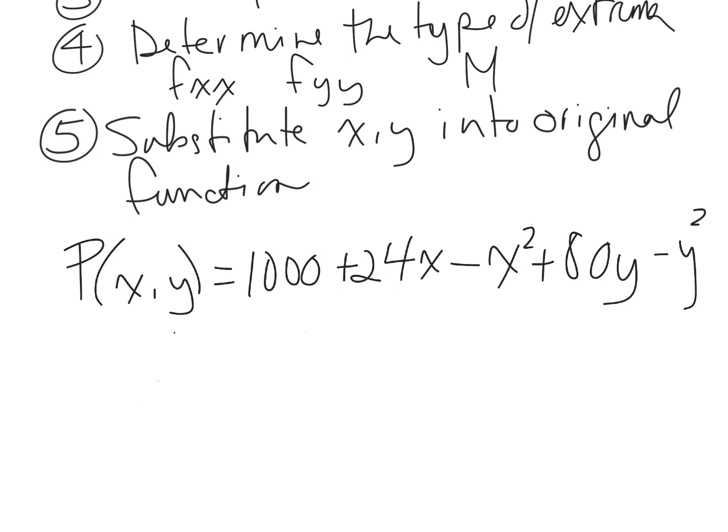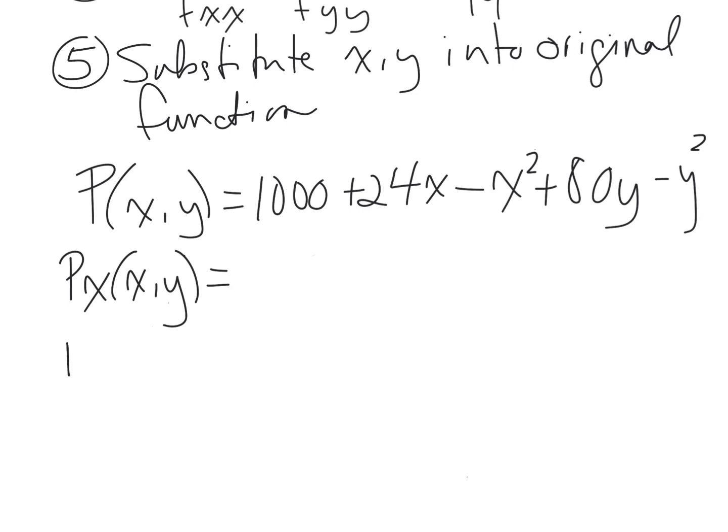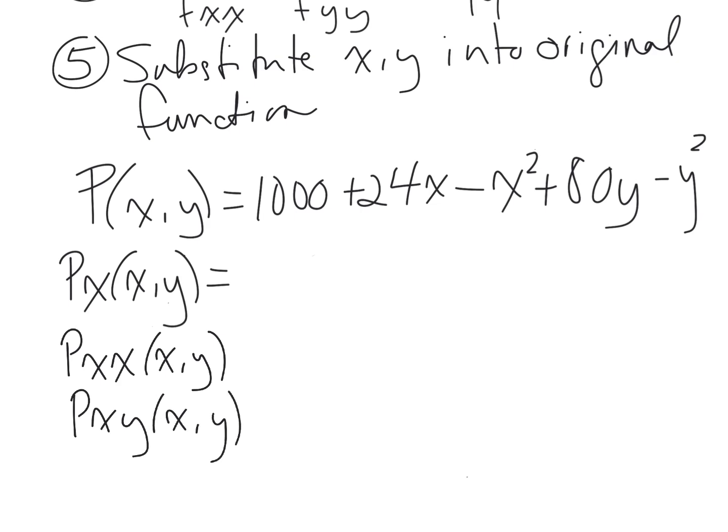So we're going to find the partial derivative, P at x, the partial derivative with respect to x. We can right away, if we like, also find the second derivatives. That will tell the story right up front.